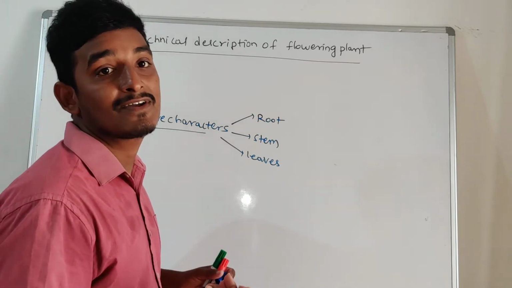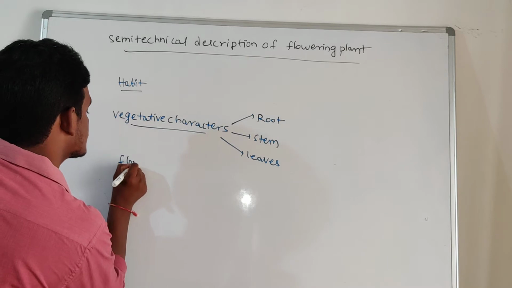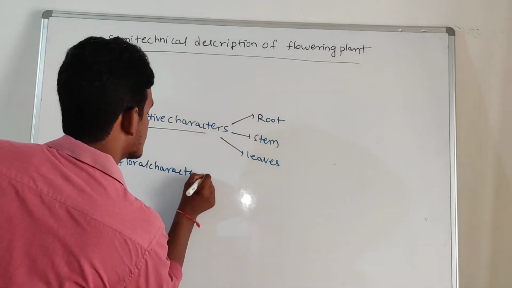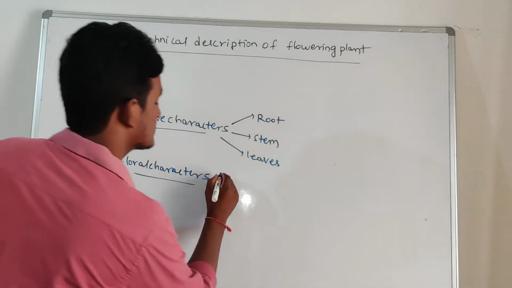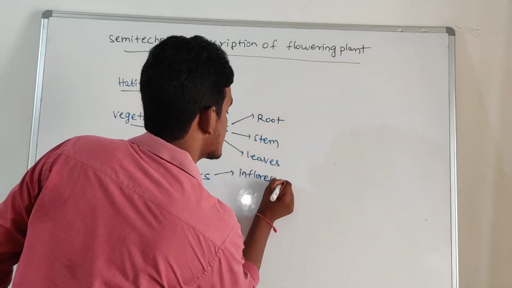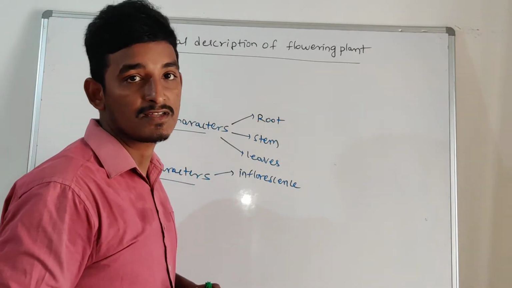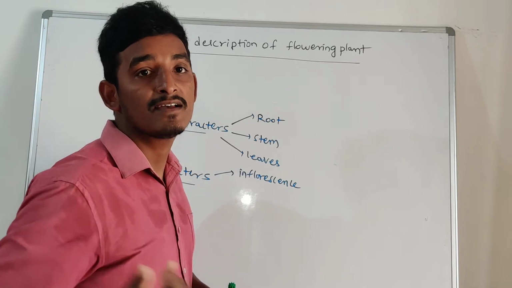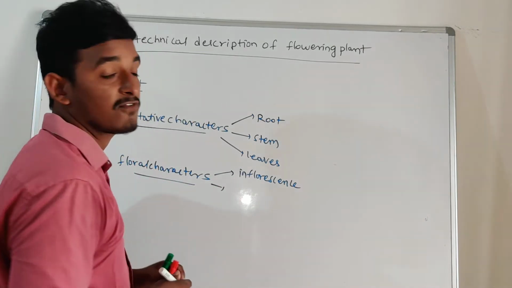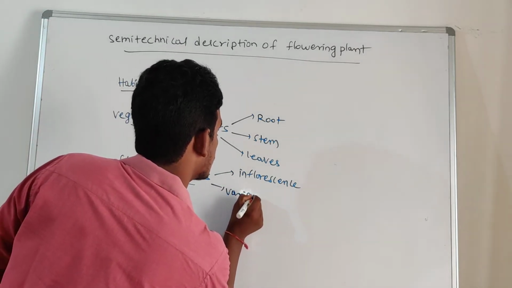After vegetative characters you should write about the floral characters, starting with the inflorescence. It will show which type of inflorescence, racemose, cymose or a special type of inflorescence. Later, the various floral parts.